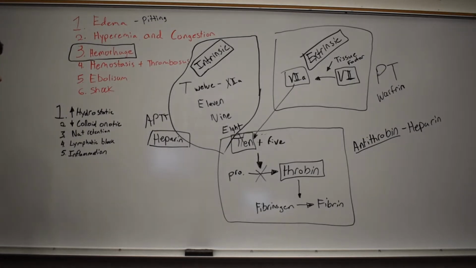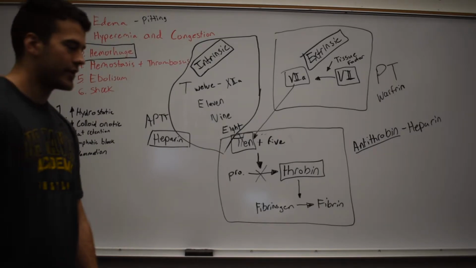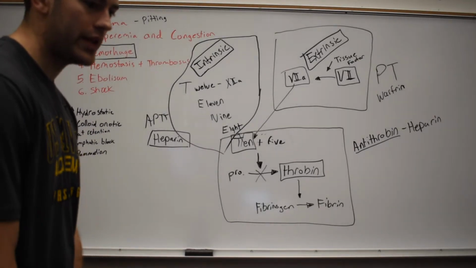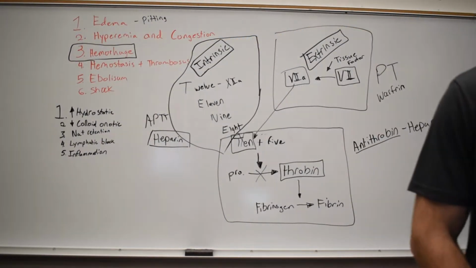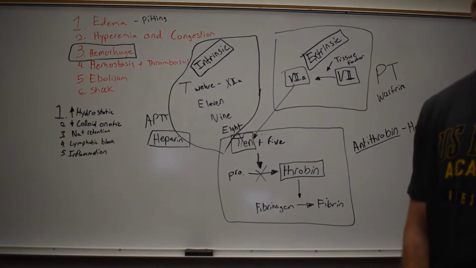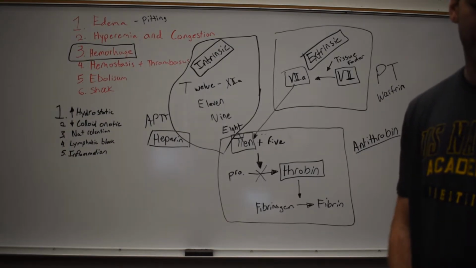You could manifest it in systemic edema, but the most important place you're going to manifest it is in your legs. So this is a good example of your pitting edema. So pitting edema is caused by heart failure, usually congestive heart failure.